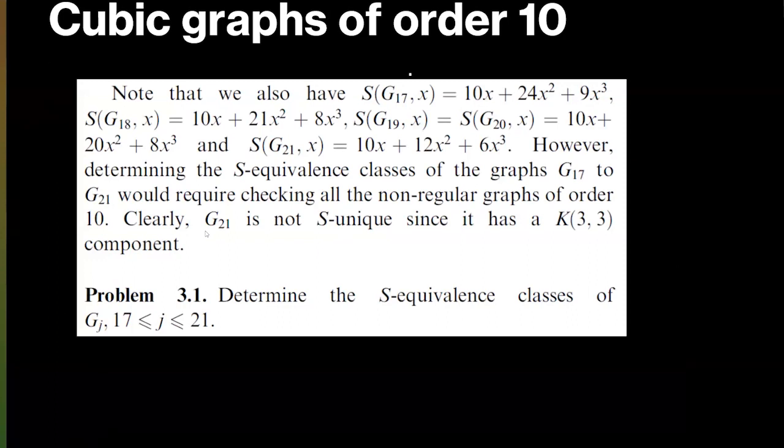So this is a very tedious task, and so I decided not to continue. And of course, we can see that the graph G21 is not S unique because it has a K33 component. So the problem here is to determine the S equivalence classes of G17 to G21.